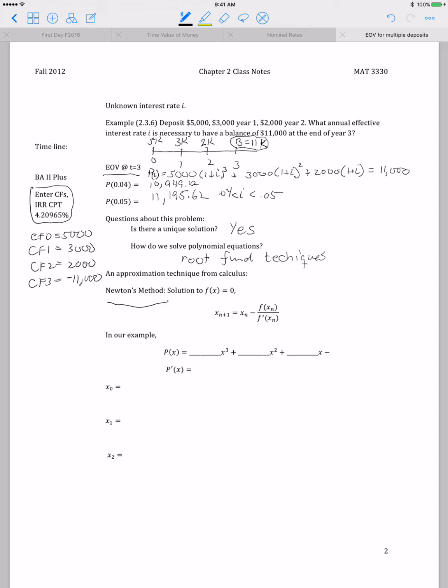We're withdrawing the balance. Once you've entered these, if you then hit IRR and compute, we do get a value, and that value is about 4.20965, or about 4.21%.